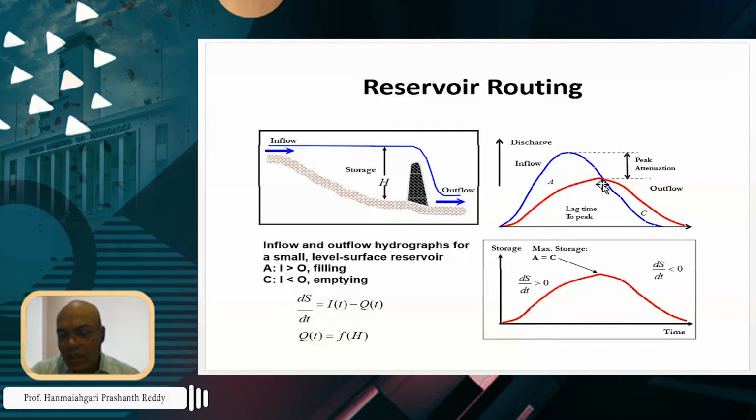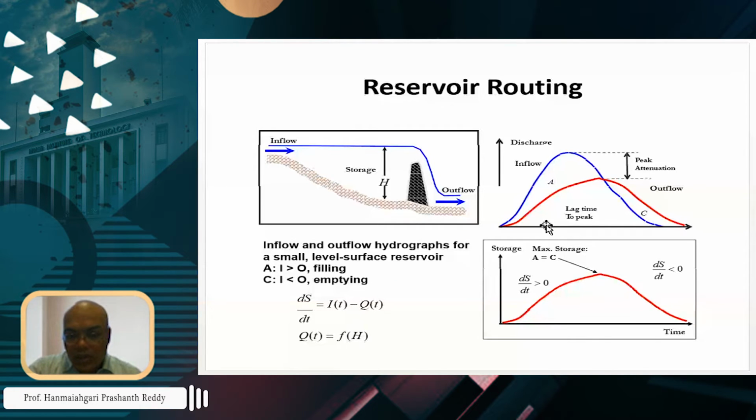At that point, maximum storage takes place. So once the maximum storage takes place, because the inflow is decreasing, the storage now turns into outflow and the storage is depleting in the downstream. So that is dS/dt less than 0.